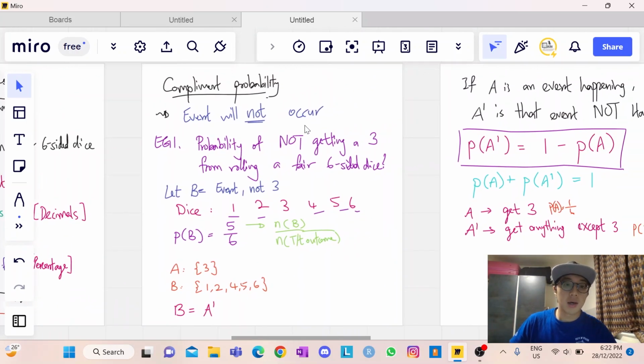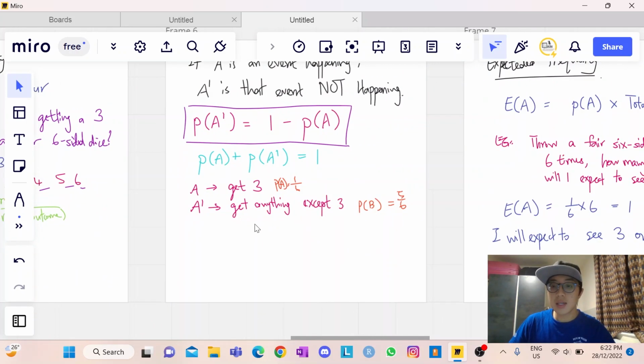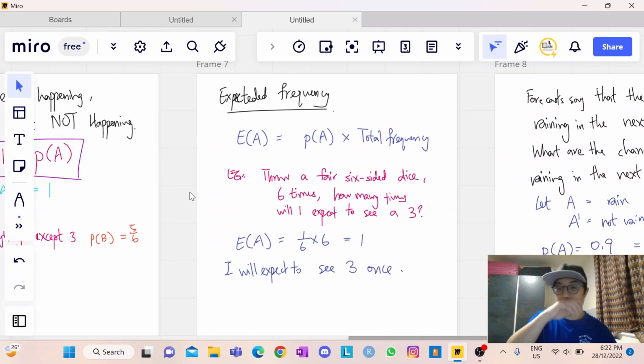I also introduced complement probability, and last but not least, the expected frequency, to expect the happening of an event. Let's say I throw a fair coin 3 times, what is the probability that I will get tails? The probability is 1/2, and I threw 3 times, so the expected frequency is 1.5.